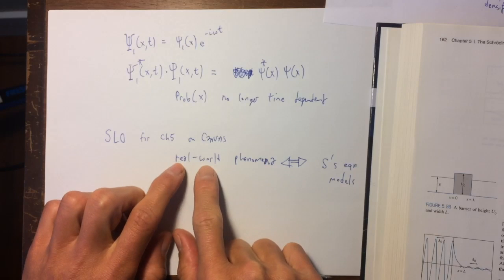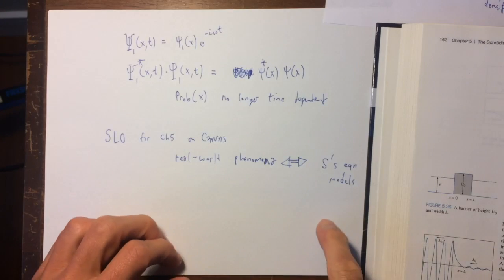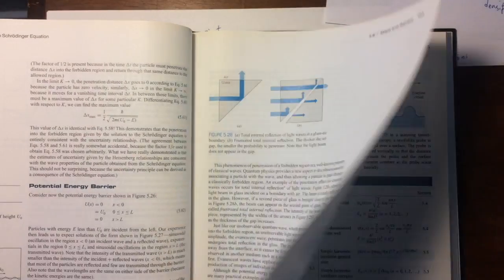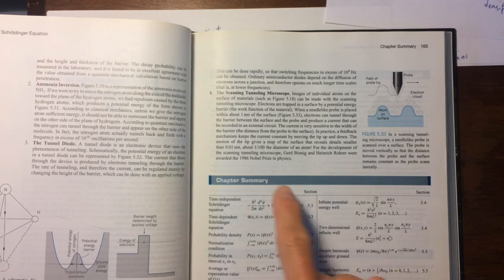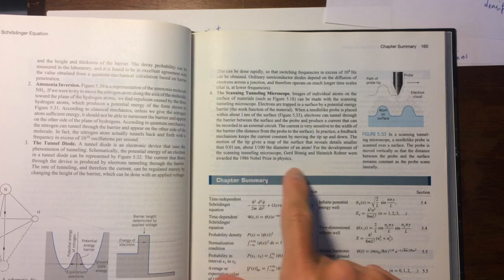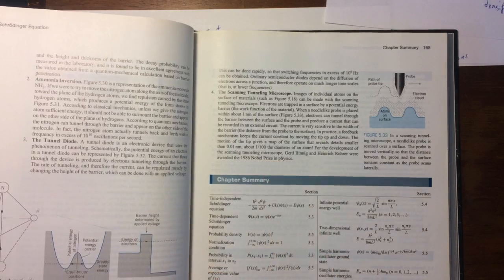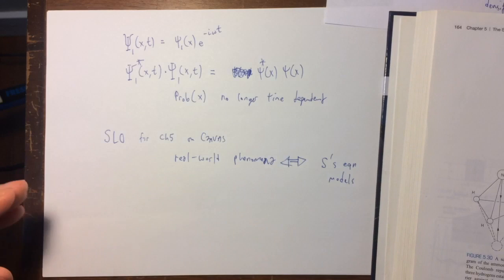So in this case, this quantum mechanics and this kind of like Schrödinger's equation stuff, that stuff's super old. The scanning tunneling electron microscope is a really modern instrument. 1986 Nobel Prize. It was probably made, I don't know, 10 years earlier than that, or maybe 20. I'm not sure, but Schrödinger's equation is a lot older than that.